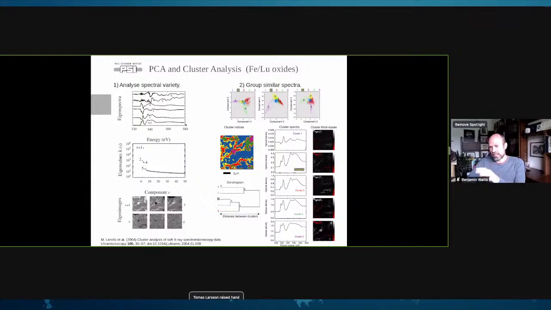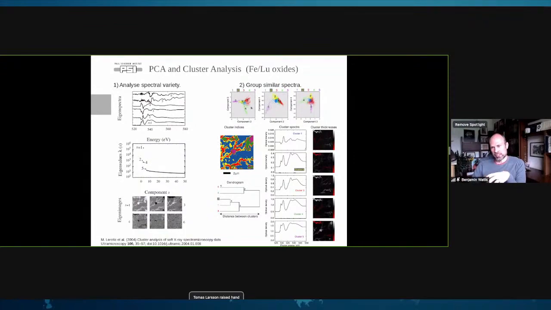what the different components are in our material. So we do what's called cluster analysis. So we look at how these eigenspectra fit the measurements in each pixel, and then we map those out in a multi-dimensional array for each component to see how they separate from each other.